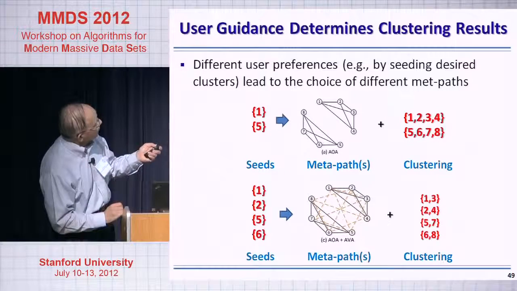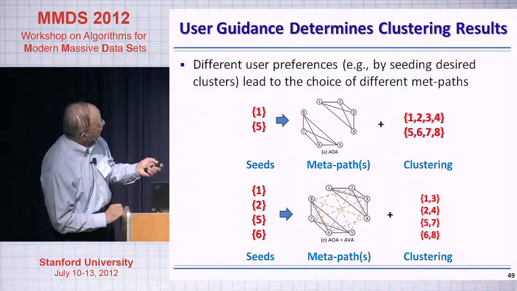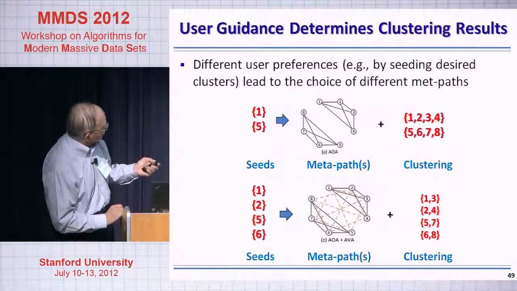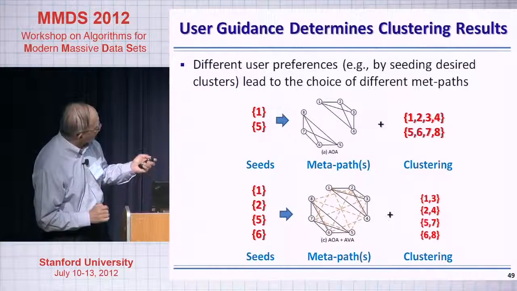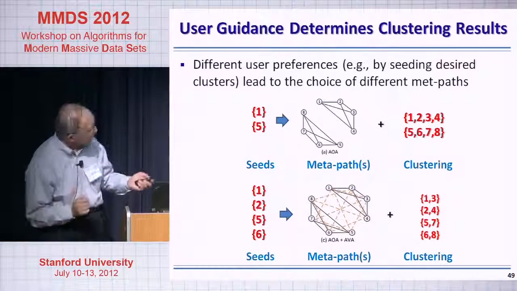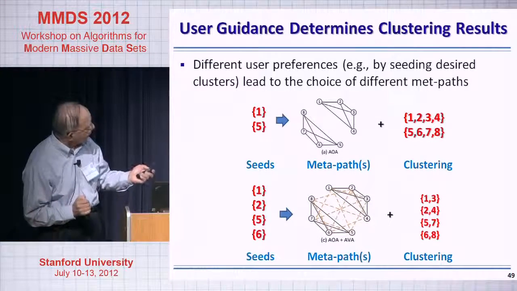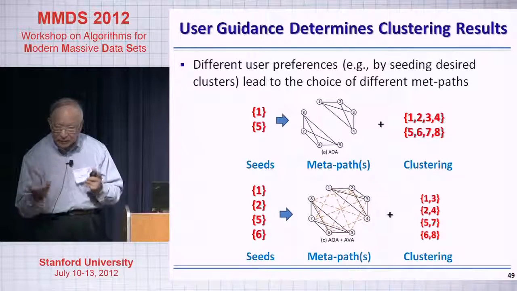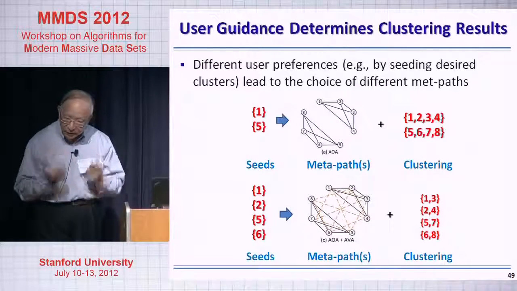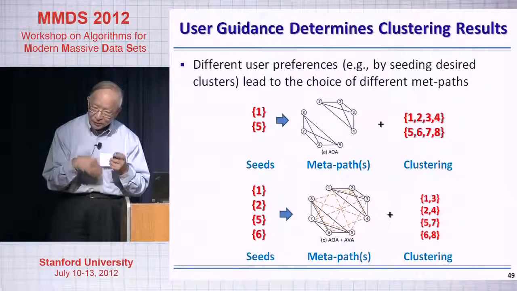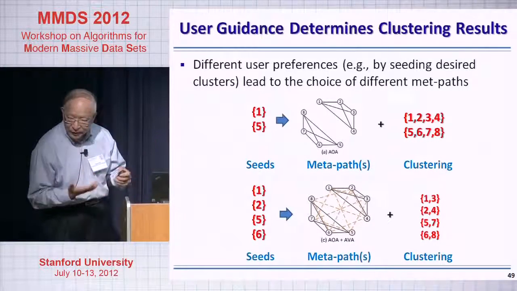So you can get a cluster like this. And if you give me something like 1, 2, 5, 6 are each individual clusters, I may give you a different metapath, a weighted combination of both. So you can see that learning can use seeds to do the guidance.